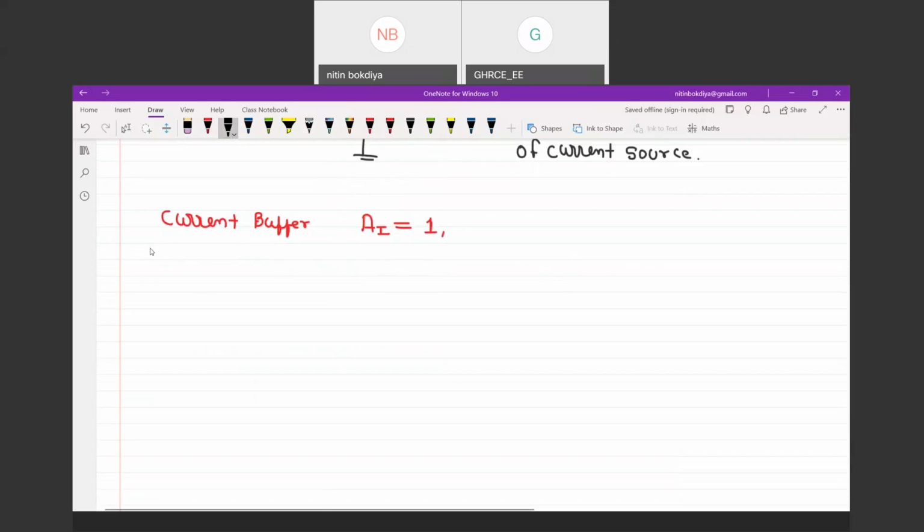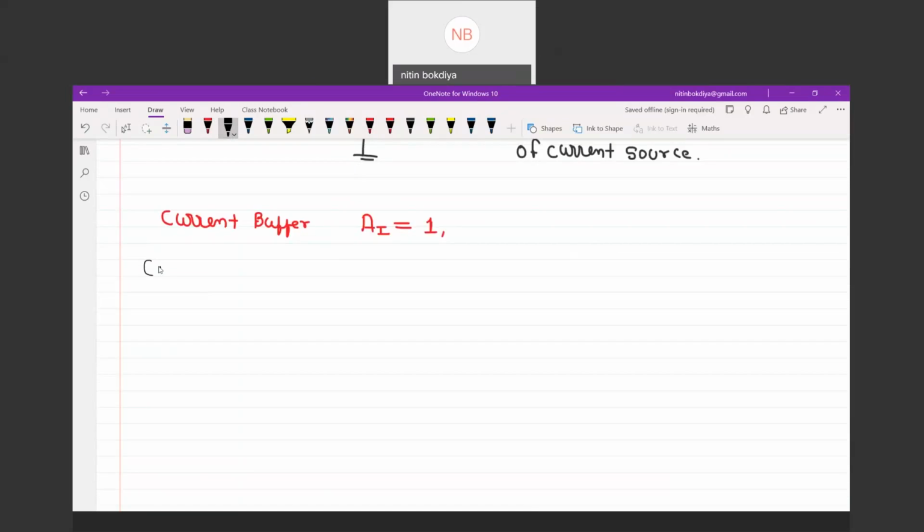So what is a cascode amplifier? A cascode amplifier is a circuit where we apply the input at the common emitter configuration, and we take the output through the common base.